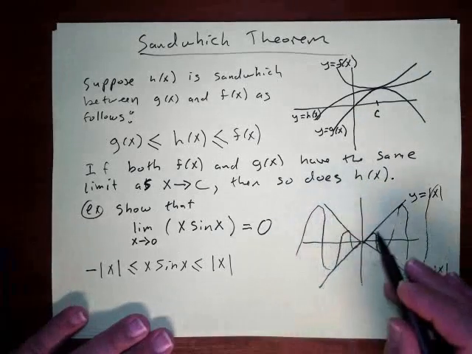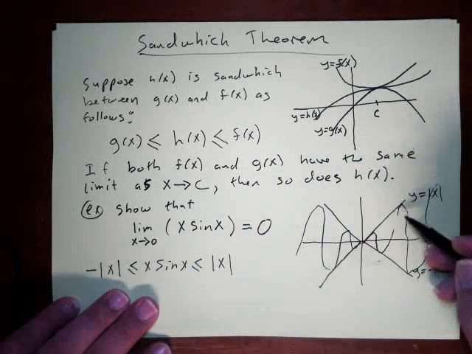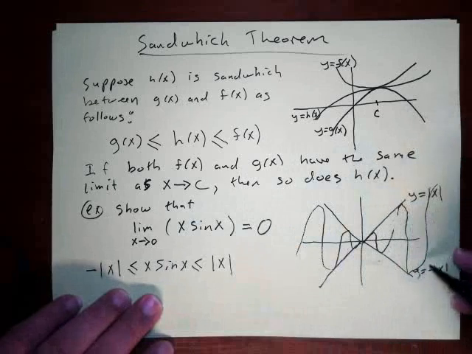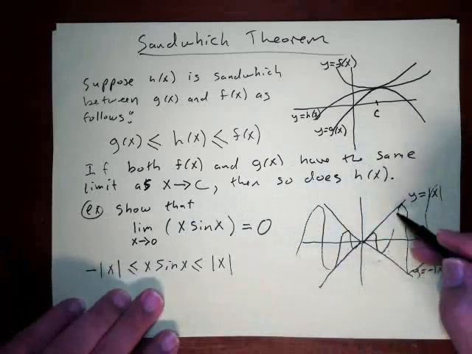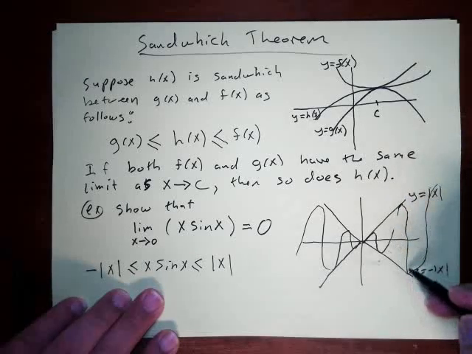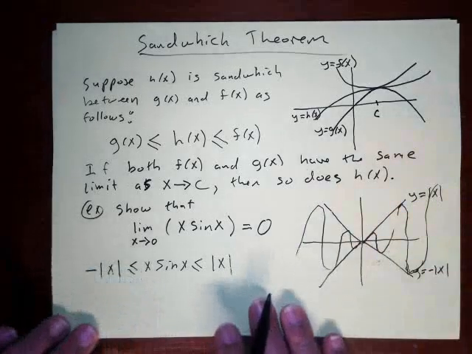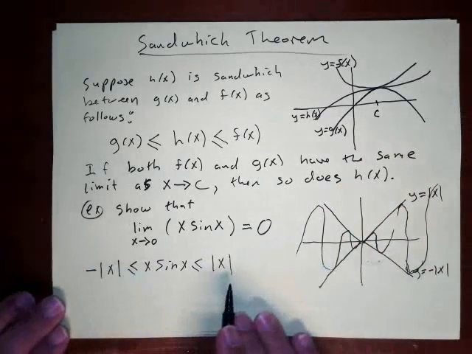It's going to oscillate up and down. Now, the amplitude is changing. It's getting bigger as x is increasing, but the biggest it can be is the absolute value of x, and the smallest it could be is the opposite of the absolute value of x. So this is actually sandwiched between these two.